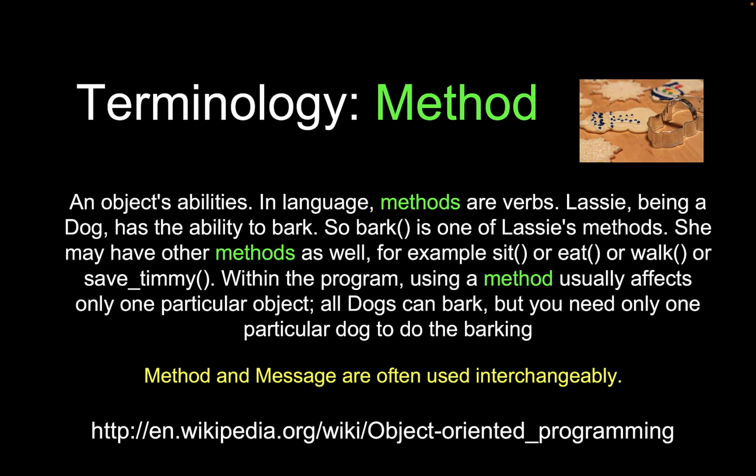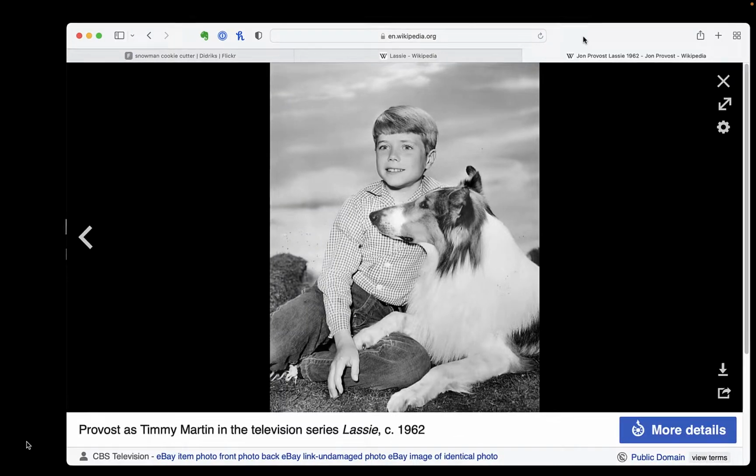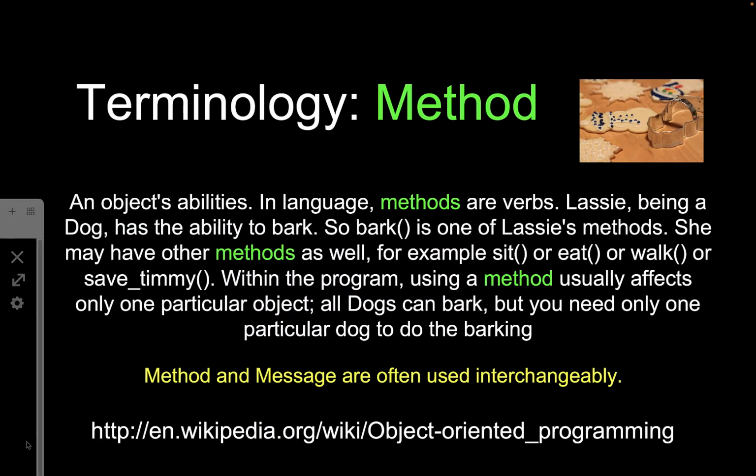Okay, and we create an instance to represent Lassie. And now when we want to save Timmy, we call that method on the Lassie instance. We don't call it on the Rover instance because if the Rover instance had a save Timmy method, it would be another Timmy. It wouldn't be this lad. Okay, that's why we would call save Timmy on the Lassie instance.